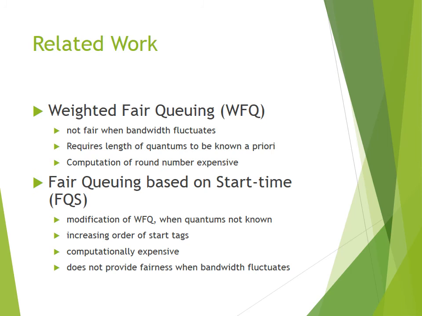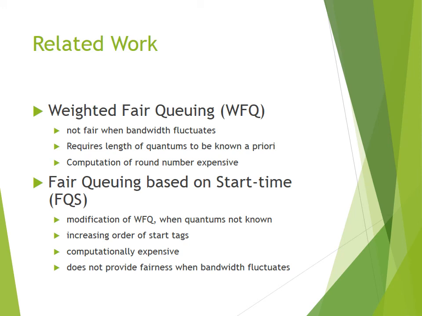Let's talk about the related work. The earliest known fair scheduling algorithm is weighted fair queuing, WFQ, which was designed to emulate a weighted round-robin server in which the service received by each thread in a round is infinitesimal and proportional to the weight of the thread.